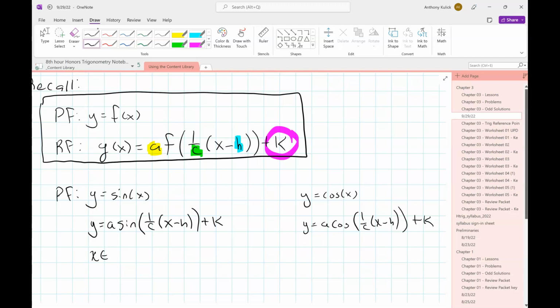Now let's think about, for the resultant function, what's its domain going to be? I could stretch or shrink or shift up and down, left and right, reflect. What would the domain be? Still all real numbers, right?